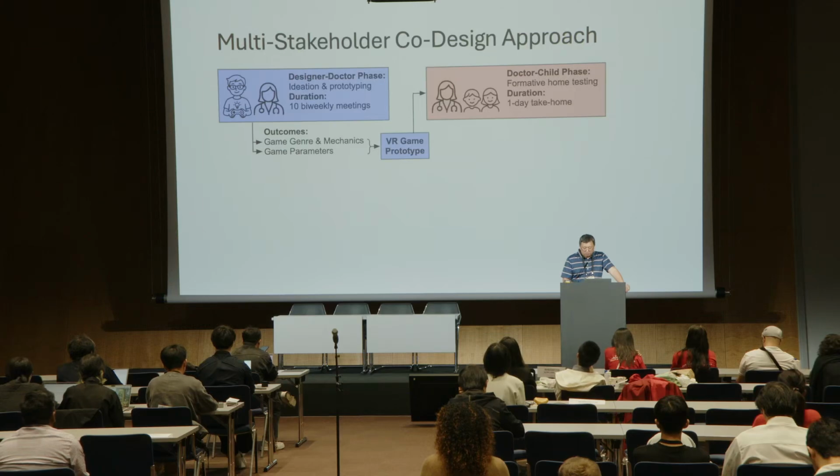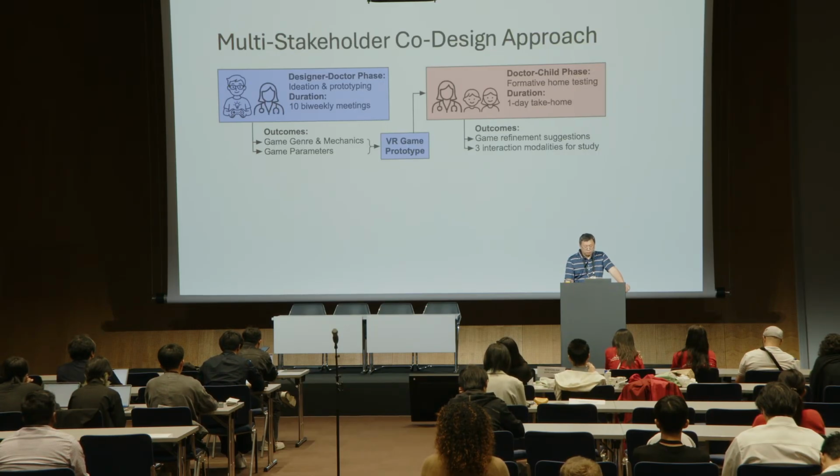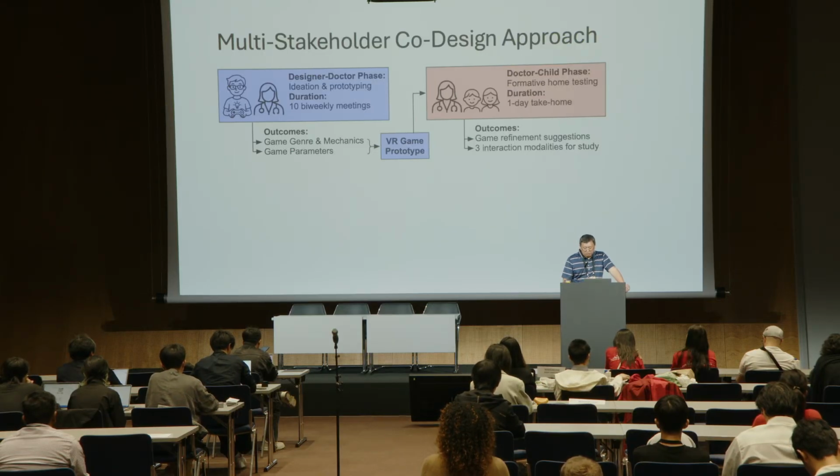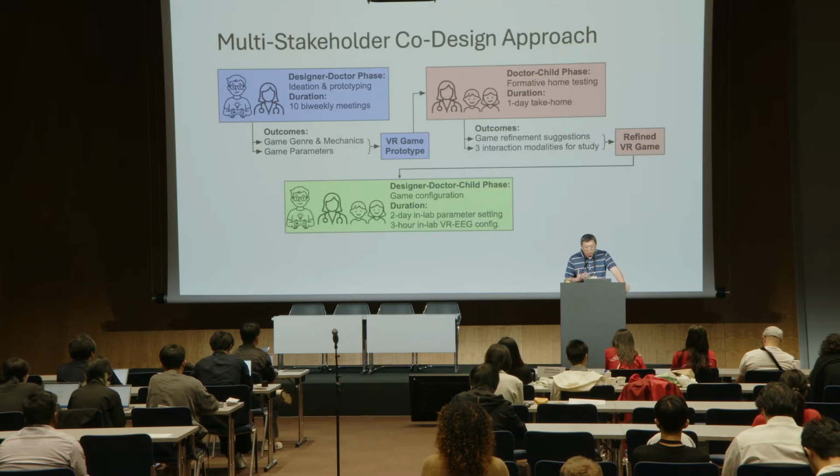The feedback the doctor received from the children and the parents was related to the usability experience, and we also collected suggestions from them about the interactions they would like to have. Based on that feedback and those suggestions, the game designer refined the game, and we had another version of the game. In the third phase, all stakeholders came to the lab.